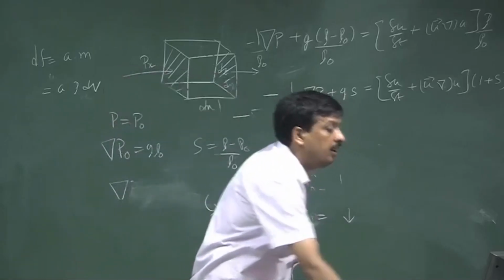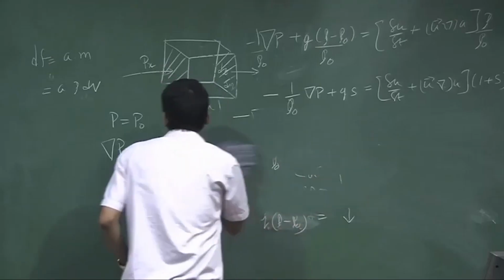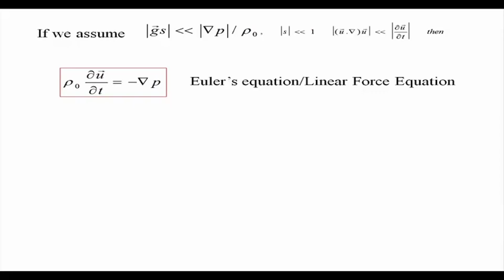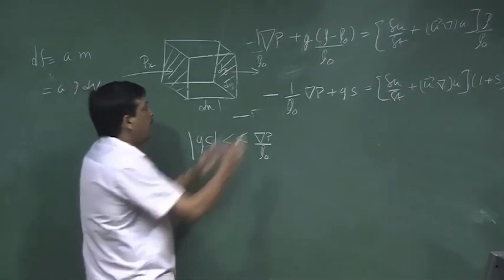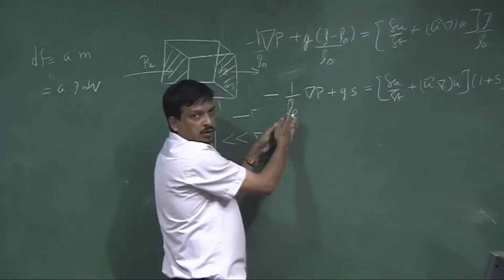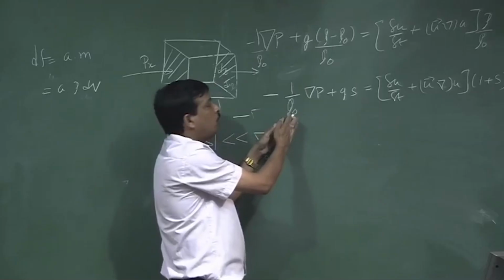Now, consider the limitation. What are the limitations I said? There is a term I have defined. Now, I consider the limitation. We said that the amplitude of G into S, since it is a vector, let us consider very much less than the amplitude of the term ∇p by ρ0, the acoustic pressure gradient by ρ0.